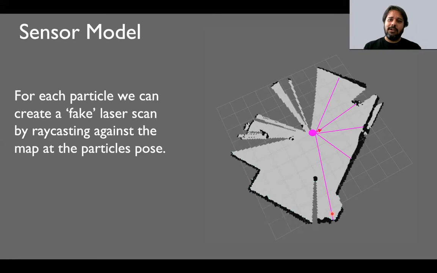That's what each particle is trying to figure out. And so in more formal terms, we can raycast or do some fake laser scan. The fake laser scan means we are not simulating a LiDAR on every particle. We are doing this raycasting to figure out what kind of range measurements we would expect to see if this particle represented the true pose of the car.